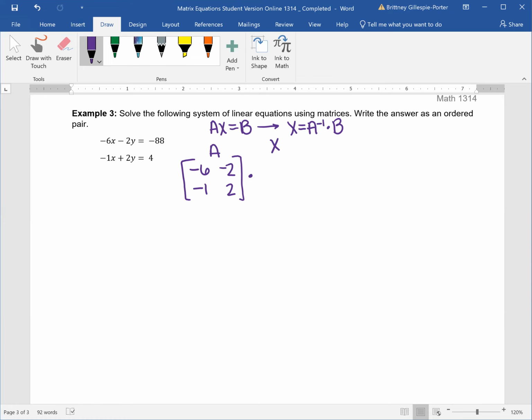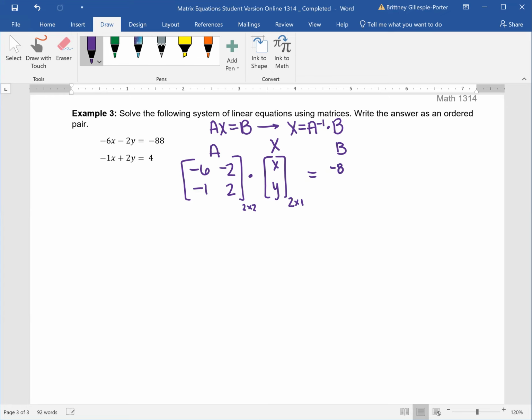Two variables means that we're going to have two rows and one column. So again, notice that A was 2 by 2, X is a 2 by 1, and B is also going to be a 2 by 1 because each row comes from the individual equations.